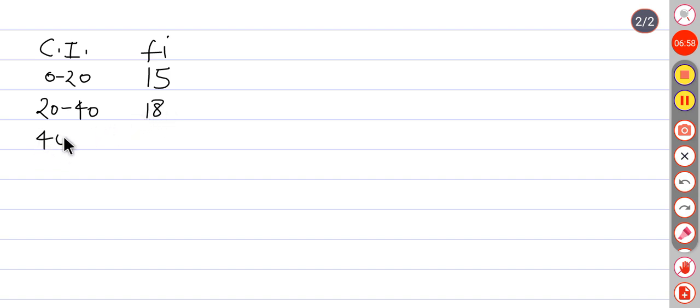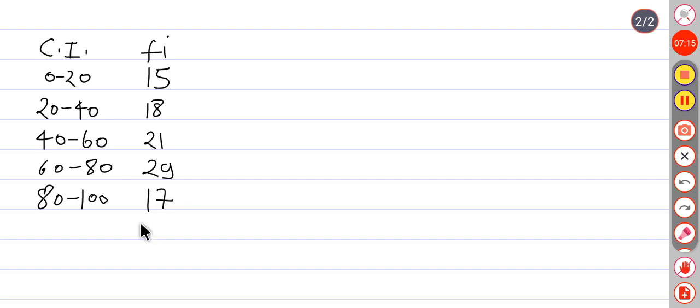The data is class intervals, and it is given that from 0 to 20 there are 15 observations, from 20 to 40 there are 18 observations, from 40 to 60 there are 21 observations, from 60 to 80 there are 29 observations, and from 80 to 100 there are 17 observations.